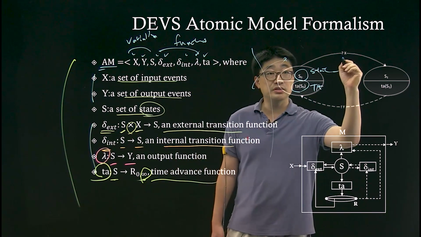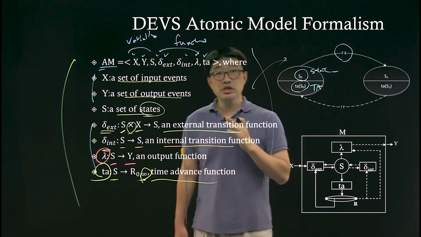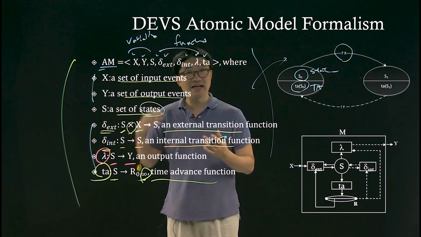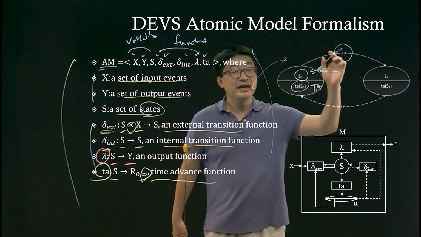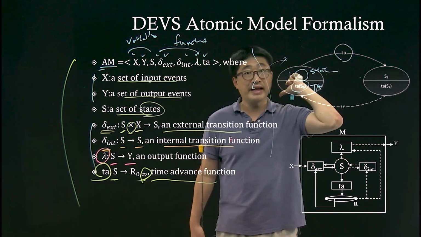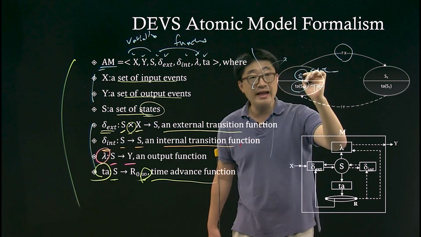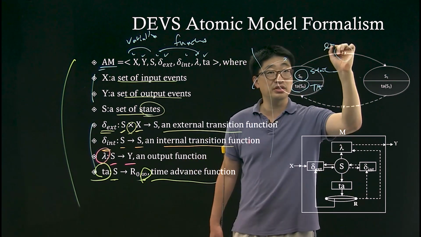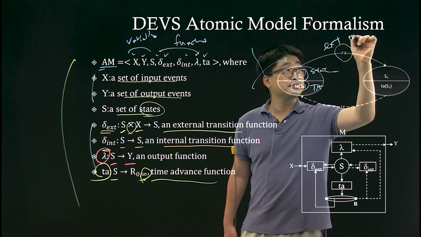One transition is the question mark of X. The question mark means a query from outside, so X is called upon as an external event, and S is going to make a transition. This is the external transition.